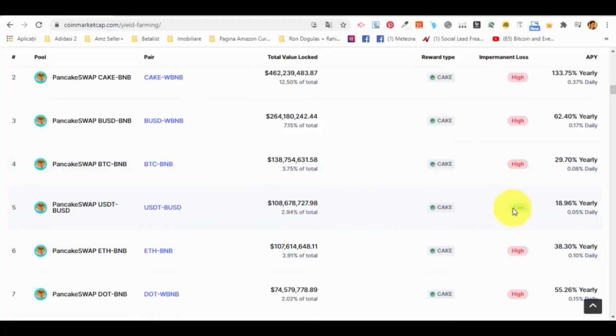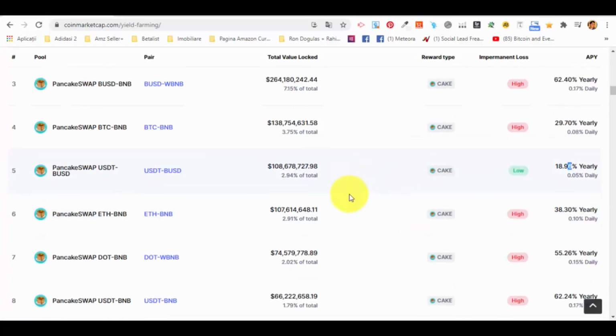The impermanent loss risk is low, so your risk is not high for this type of service, and the potential earning is 1896, and you earn CAKE. This token is the reward type.